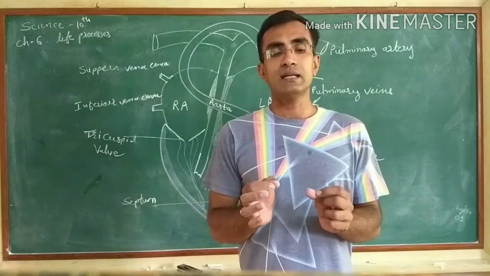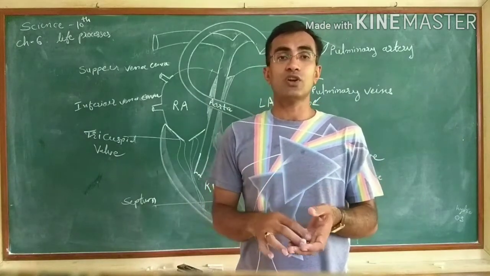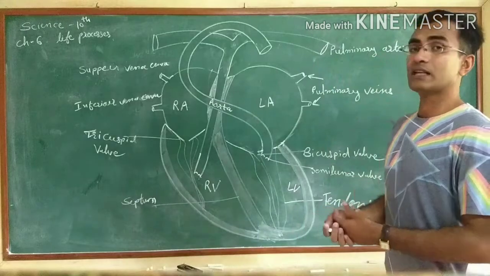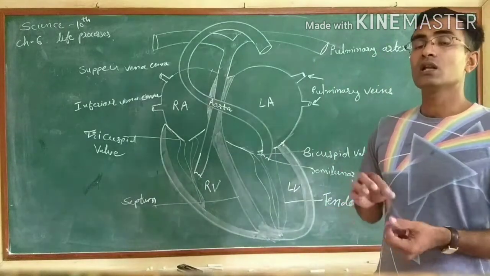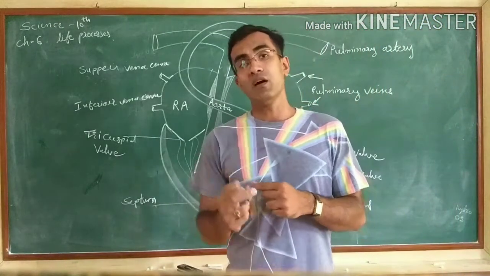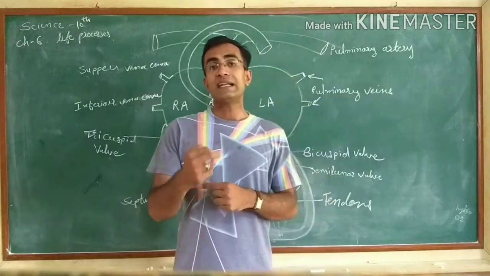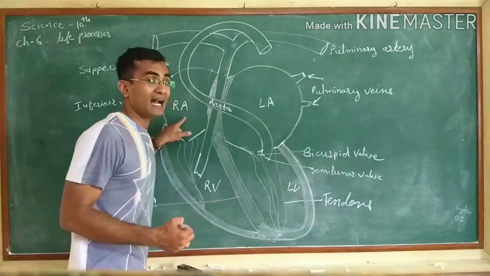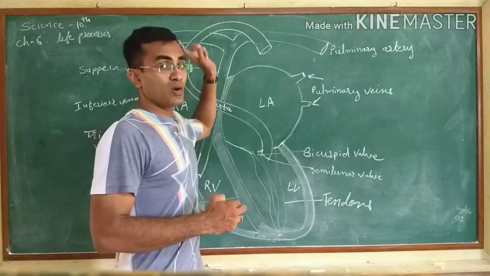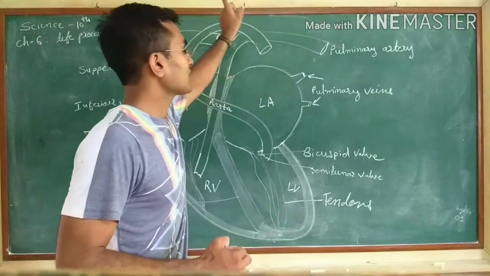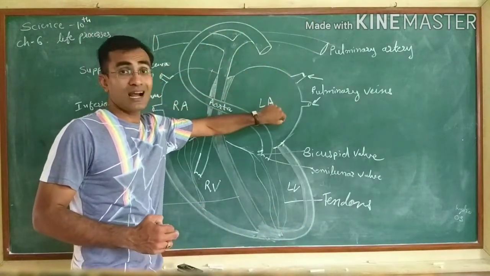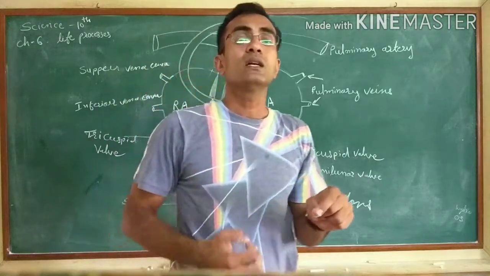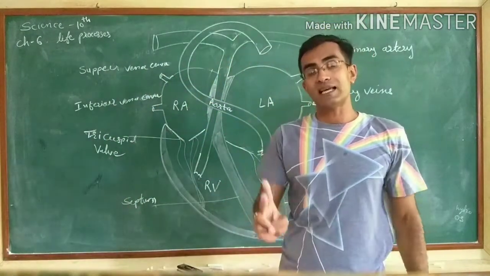the question is something like, explain the double circulation of blood. Why is it called a double circulation? Because the blood which enters into the heart will go into the lungs and come back again into the heart. So the blood comes back into the heart twice.